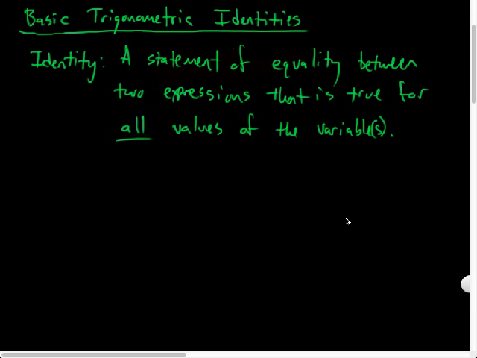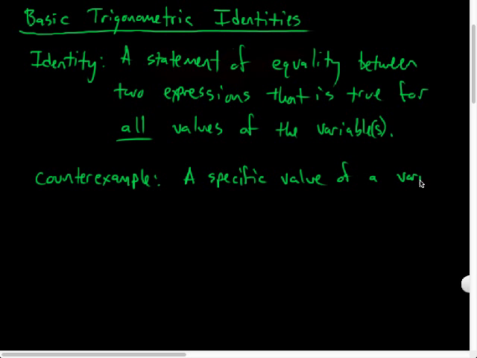So we'd have to use some other techniques. But it's actually really easy to disprove an identity, and the way to disprove something is to use a counterexample. A counterexample is a specific value of a variable that makes an equation false.